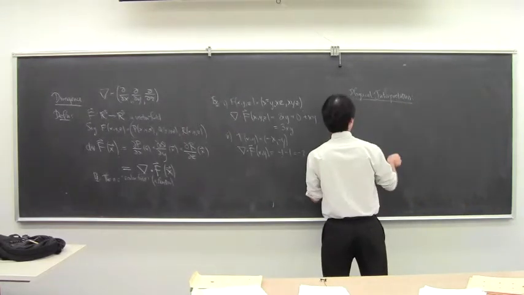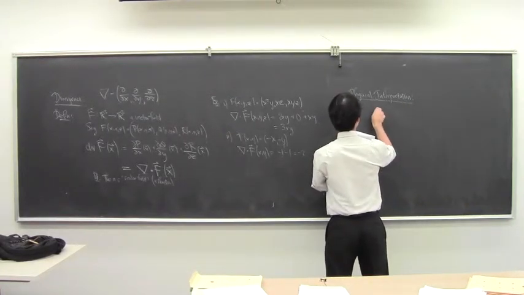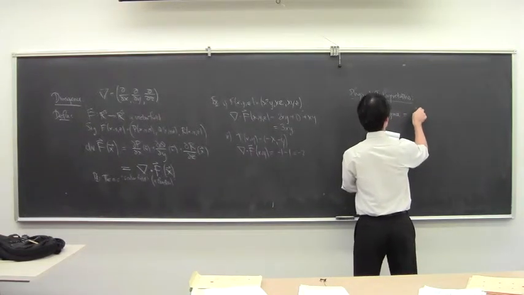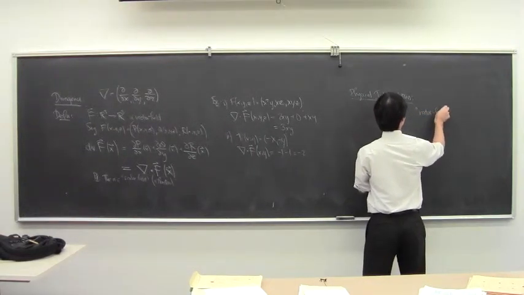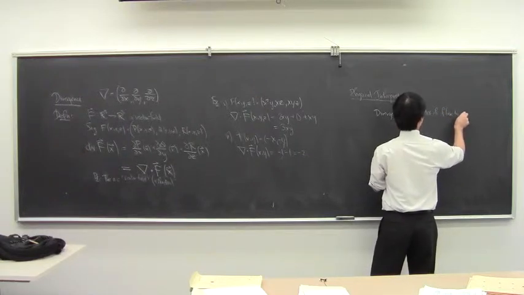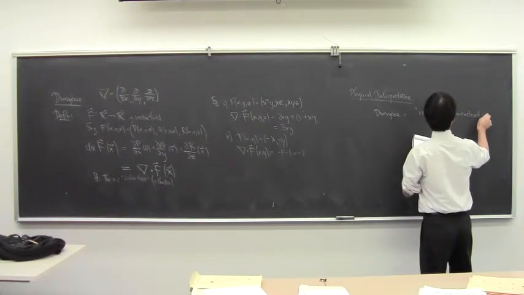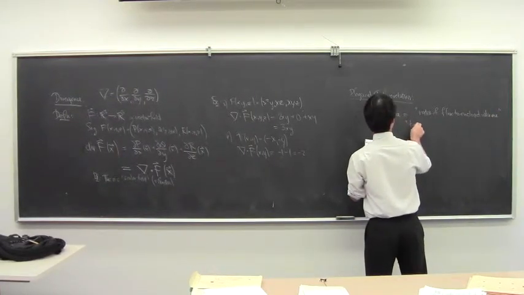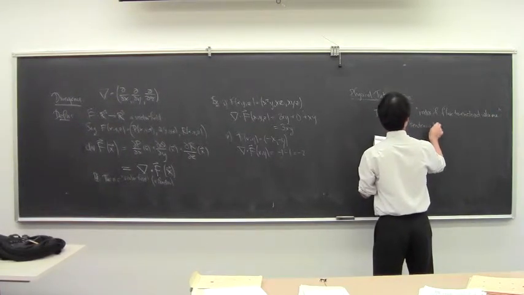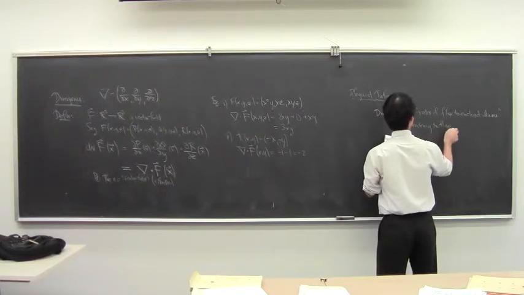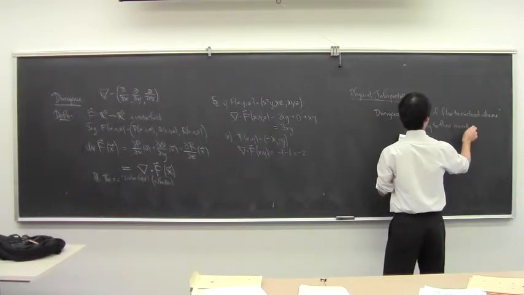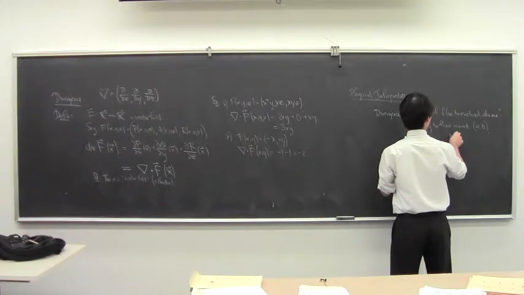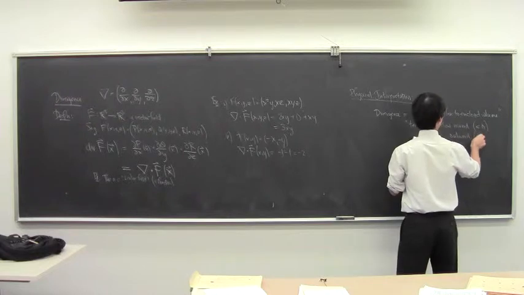The physical interpretation is that divergence is the ratio of flux to enclosed volume, or the tendency to flow inward when the number is negative, or outward when the number is positive.